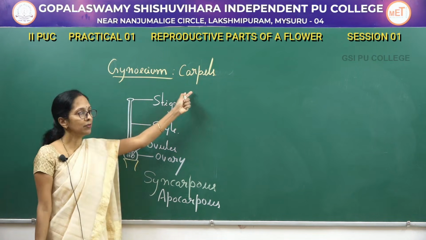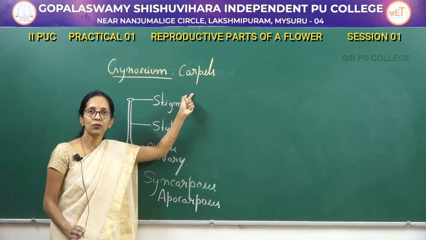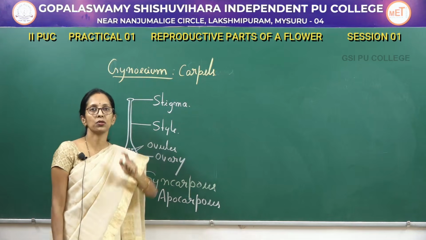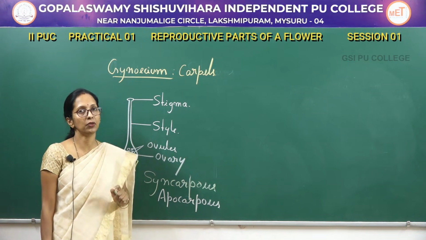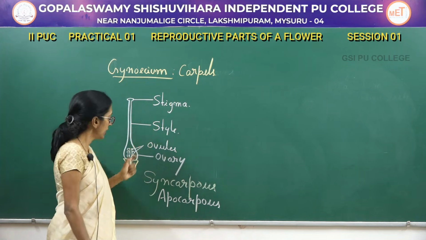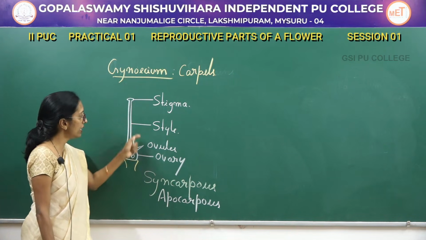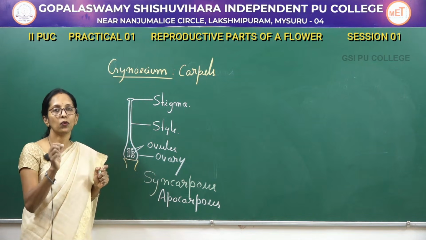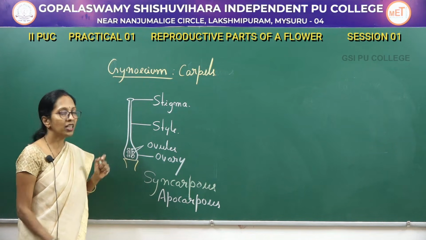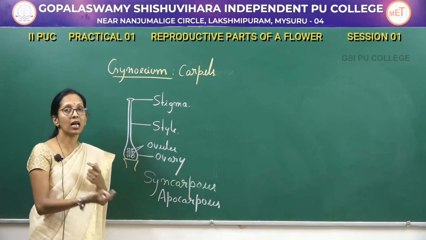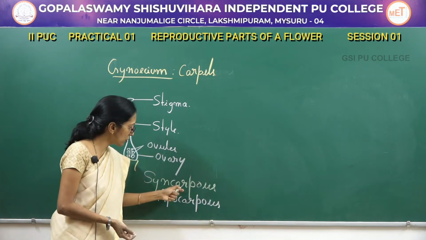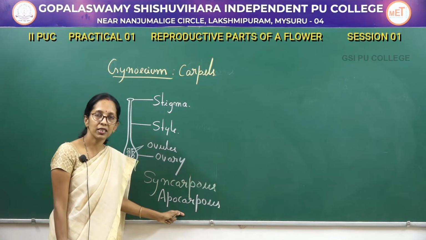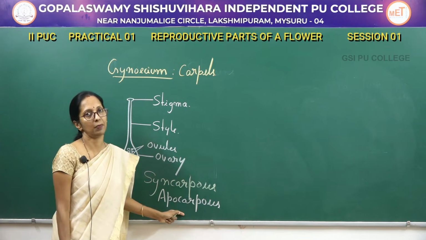So, the gynoecium is the innermost whorl of a flower, the essential part, which consists of the female reproductive units called carpels. Each carpel consists of ovary, style and stigma. Inside the ovary there are ovules. If the gynoecium is made up of many fused carpels, it is syncarpous, and if the carpels are free, it is apocarpous.